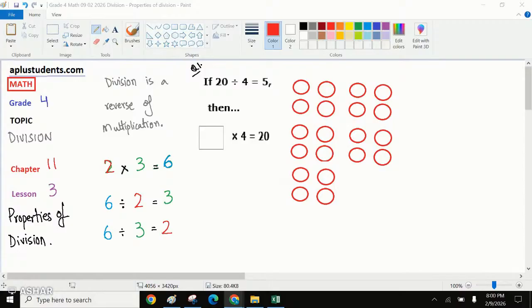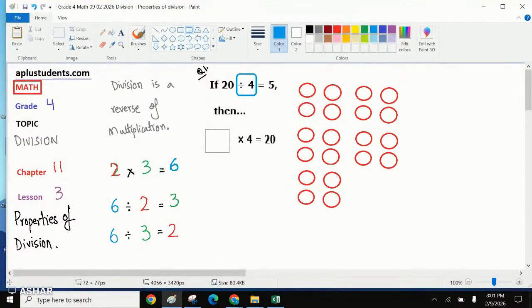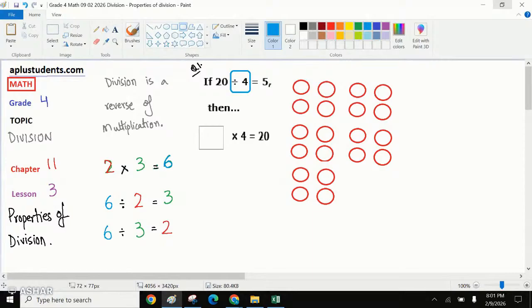If these were 20 circles, when divided by 4, we have to divide these circles into 4 groups, such that each group has 5.